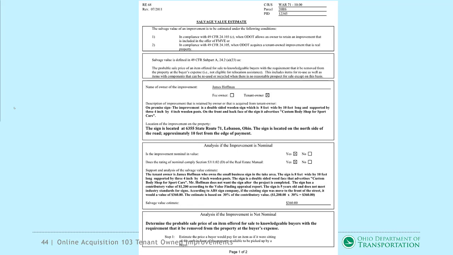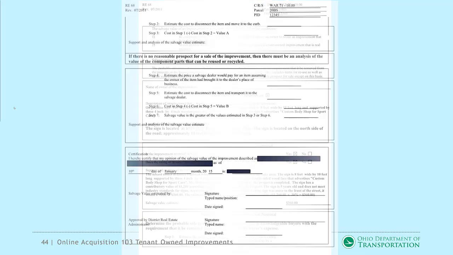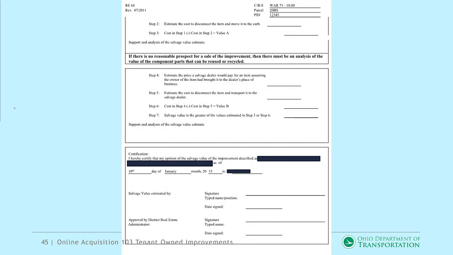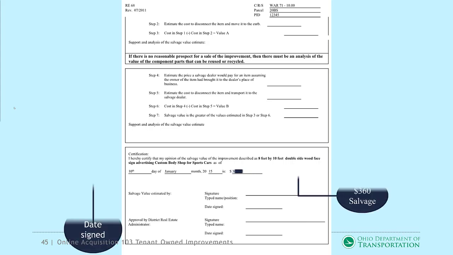You made a phone call, and the salvage value was determined by the company that represented that sign, who was able to give you a cost of salvage value of that sign. And so we came up with $360. On the next page, you would move straight down to putting in the brief description and then the cost for the sign, and then the document would be executed.